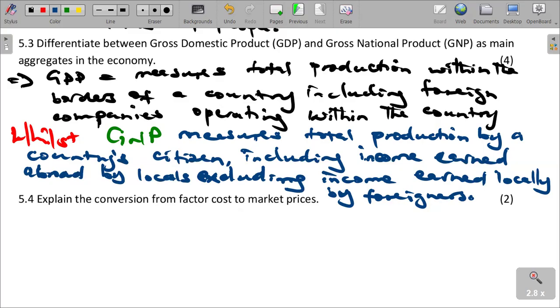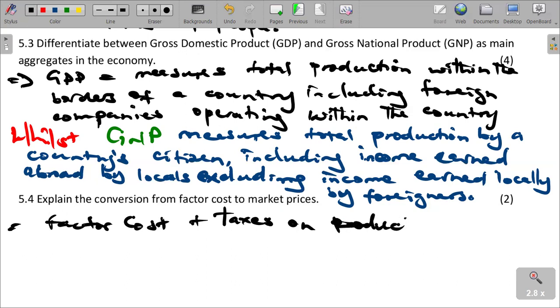Market prices are equal to factor cost plus taxes on products.